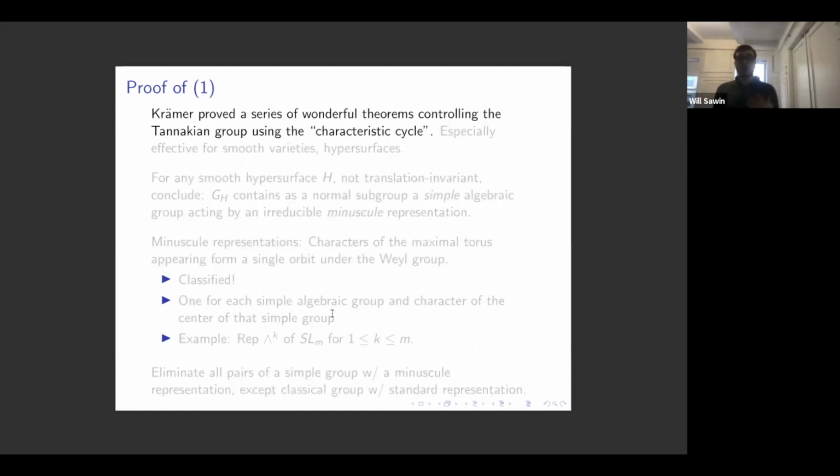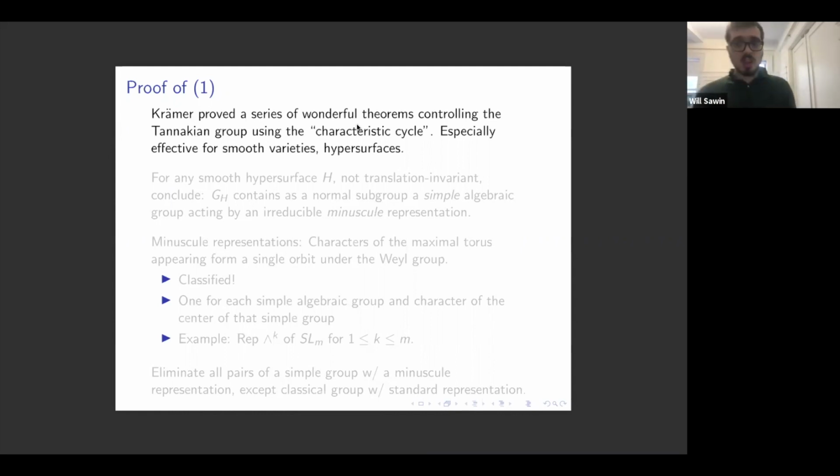The particular ones that will be helpful to us use an invariant called the characteristic cycle, which for a hypersurface is just the cotangent line to the hypersurface at each point, or at least for a smooth hypersurface. So these results are pretty strong for smooth varieties and hypersurfaces, although we have to do a little bit more work beyond what's in Krämer.